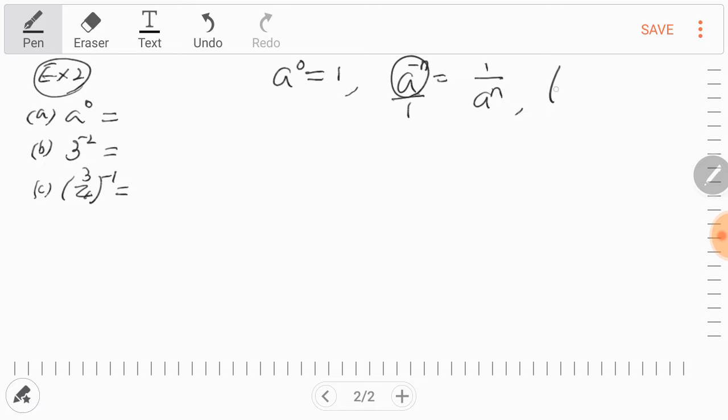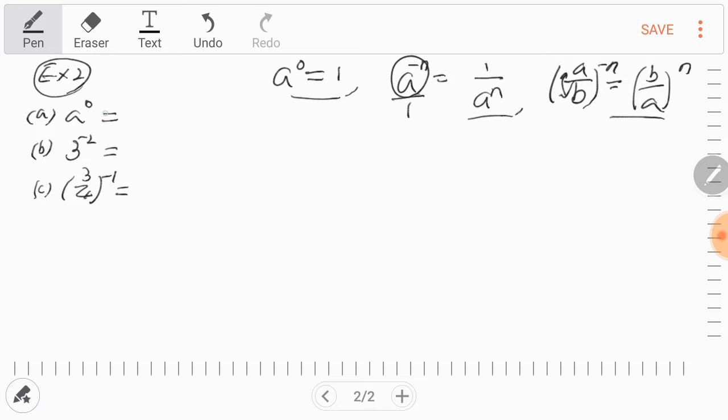Or if the base is a fraction, it doesn't have to be a fraction, but there's a base here, and the exponent is negative, then you can make the exponent positive. Then what do we do? Make the reciprocal of the base, so b over a. So we will use these three properties to simplify this example.